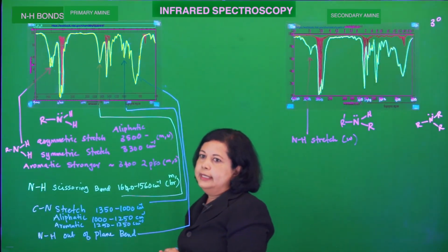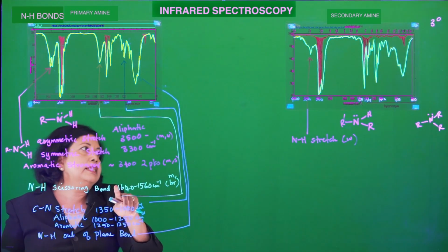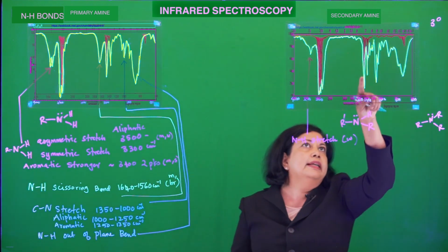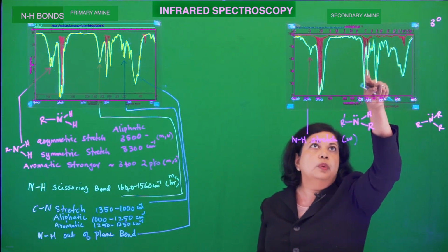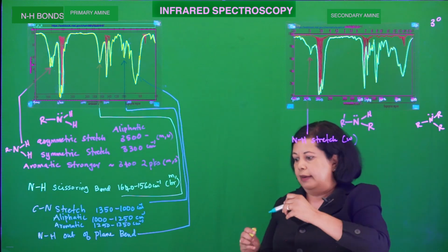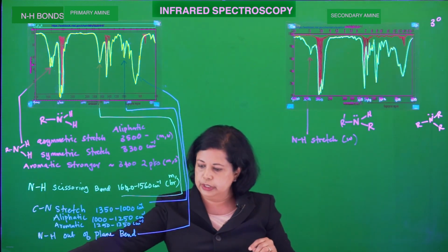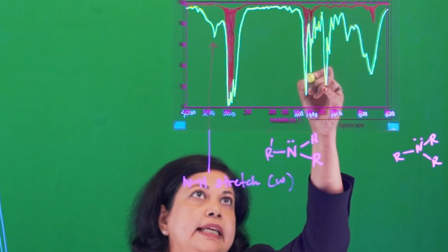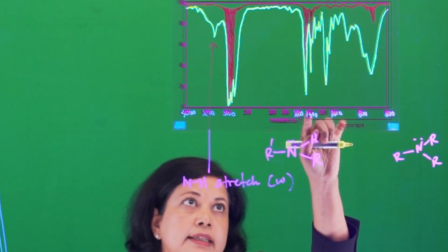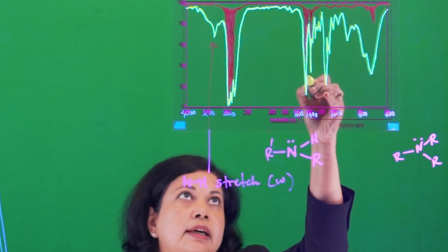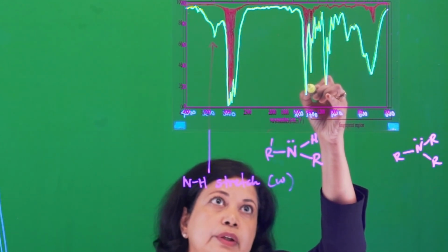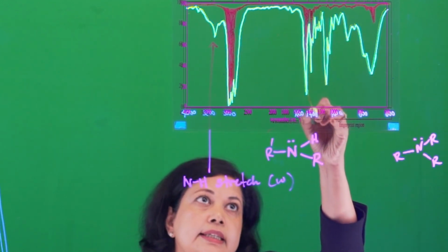Now we did see an NH scissoring bend around 1640, and you can see that there is one here as well. So you would have an NH scissoring bend here too, around 1500.